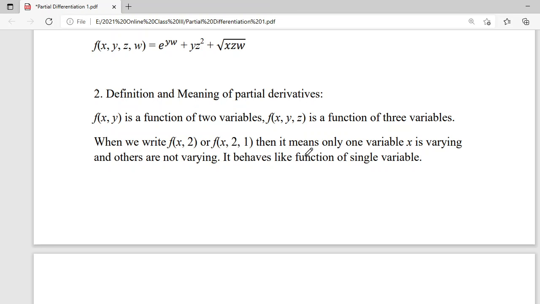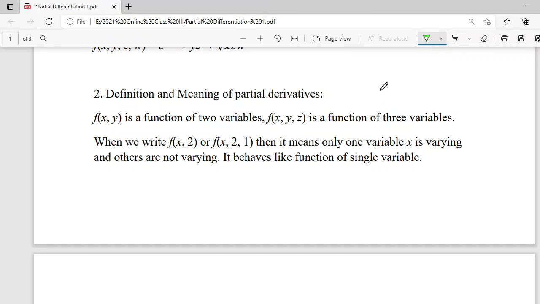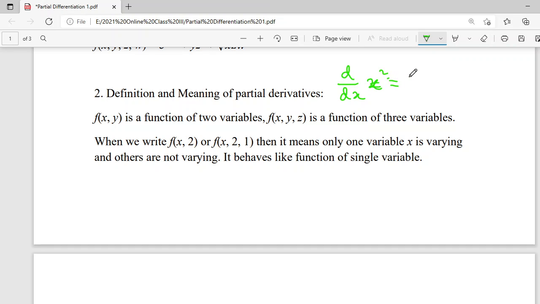So what we do here, when we say d by dx of x square, it is equal to the limit of x plus h whole square minus x square divided by h as h tends to 0. So this is the derivative of the function.